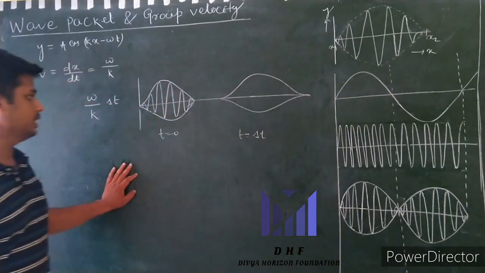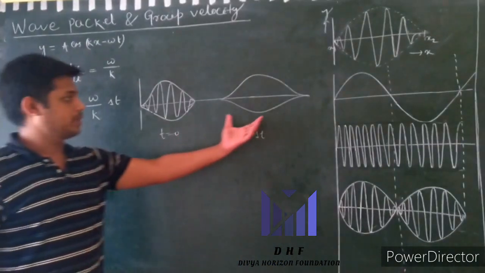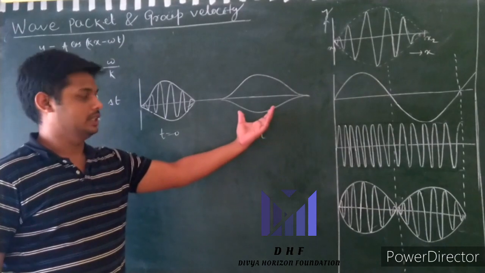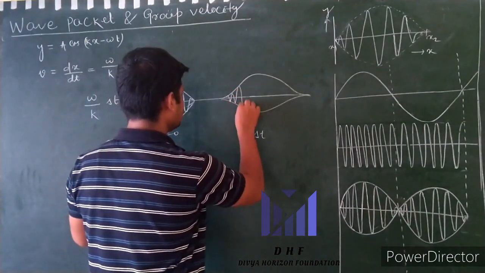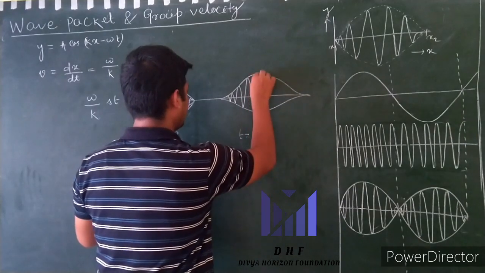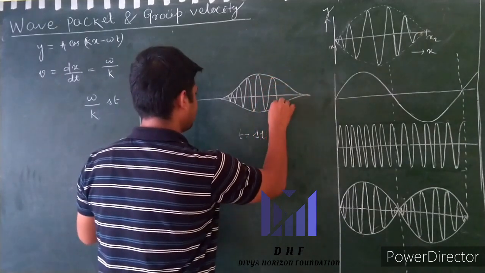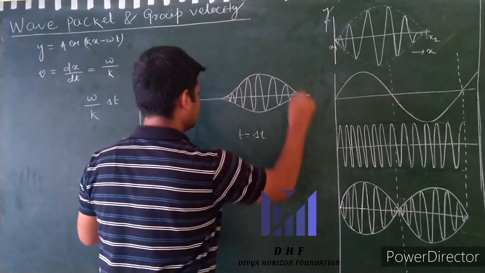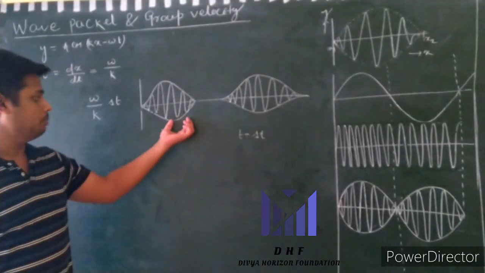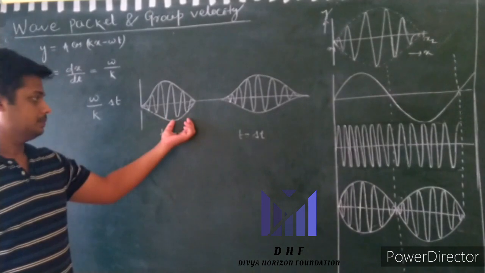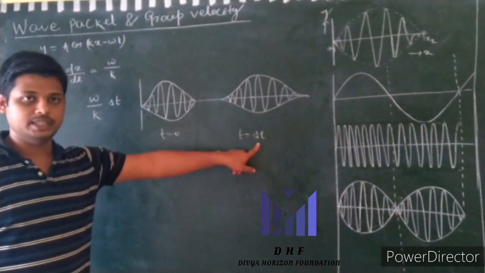Here we can say that the spread of this wave packet has been increased. This is the wave packet which we have observed at time del t, and as we can see, the spread of the wave packet has been increased. So how much distance is this wave packet shifted in time del t?